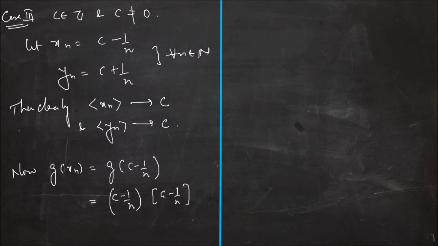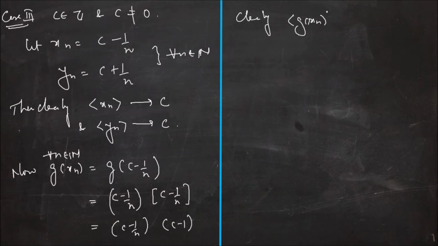But now c is an integer, so c minus 1 by n is a number smaller than c, so its greatest integer value will be c minus 1. So this is true for all n belonging to N: gxn is equal to c minus 1 by n into c minus 1. So clearly gxn converges to c into c minus 1.